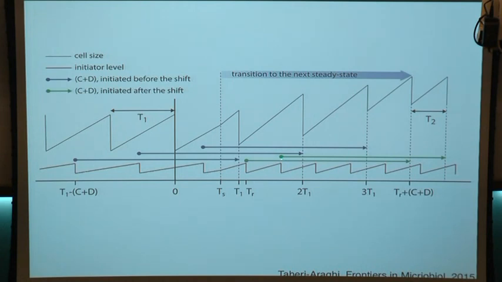At that point, the size of the cell seems to be larger as compared to the blue point, as compared to when the initiation started before shift up. Cell size at initiation seems to be slightly larger. Yep.